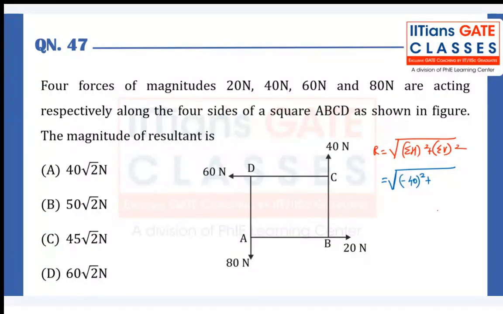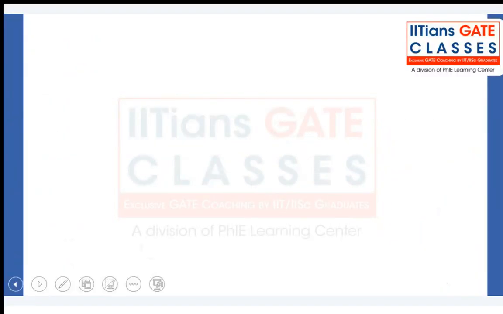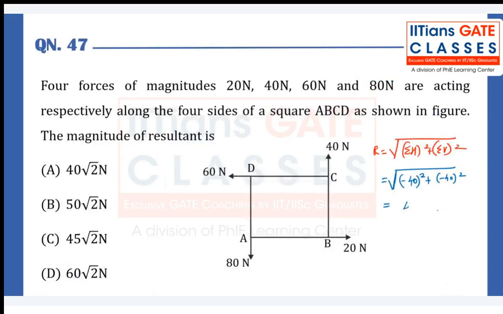In vertical direction, we have 80 in upward direction, 40 in upward direction, and 80 in downward direction. So again, minus 40. The resultant is the square root of the sum of squares, which is 40 root 2 Newton. Hence, option A is correct in this case.